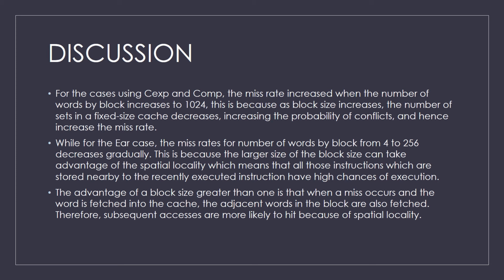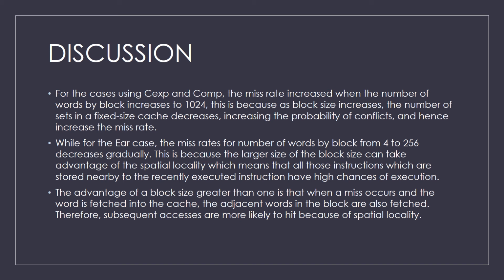While for the EAR case, the miss rates for number of words by block from 4 to 256 decrease gradually. This is because the larger block size can take advantage of the spatial locality, which is that all those instructions which are stored nearby to the recently executed instruction have higher chances of execution.